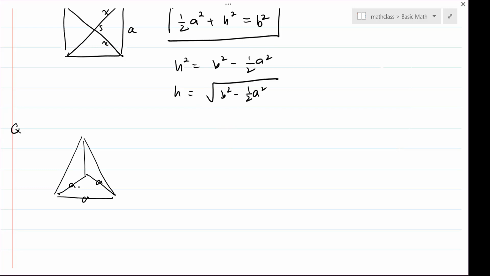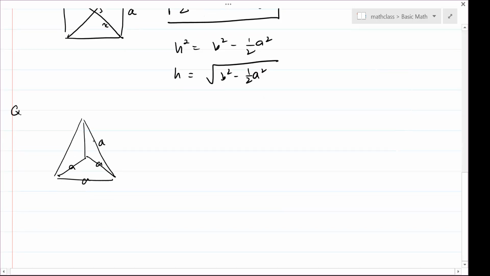So we know the one face, and all the faces are the same. If we know the slant height, what do you mean slant height? Actually it's just about a triangle.